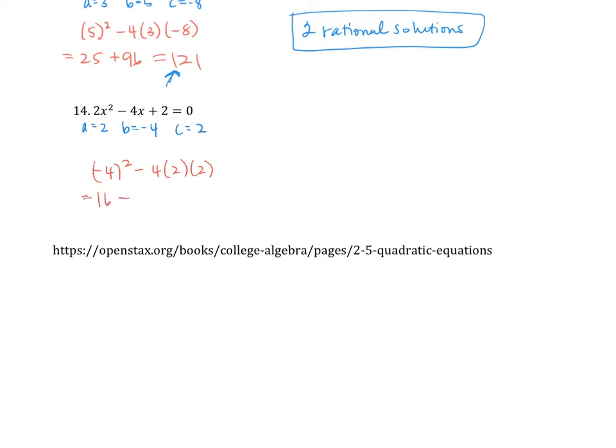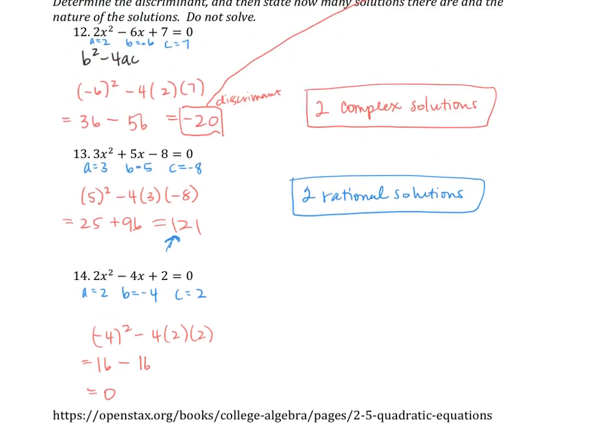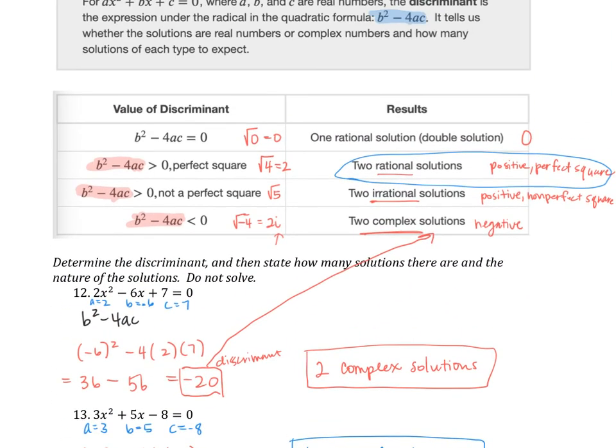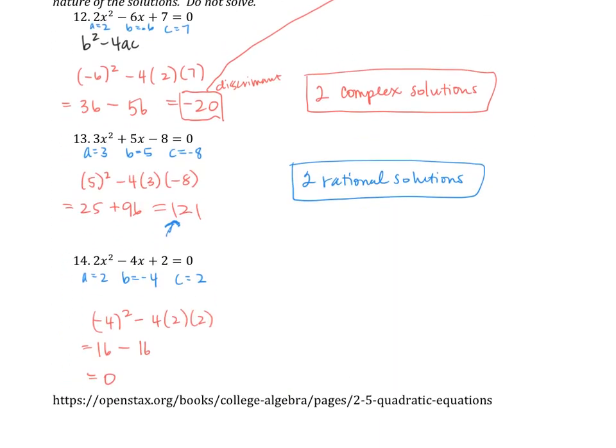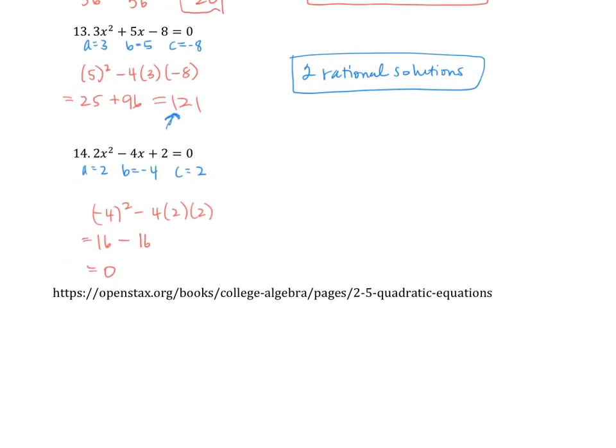We have one negative. 4 times 2 is 8, times 2 is 16. 16 minus 16 is 0. If I go back to the chart, we got 0, so that's the very top one. We have one rational solution, because we got a 0 for our discriminant.